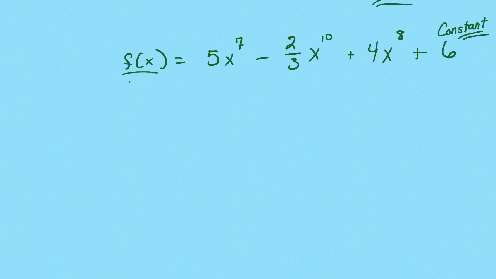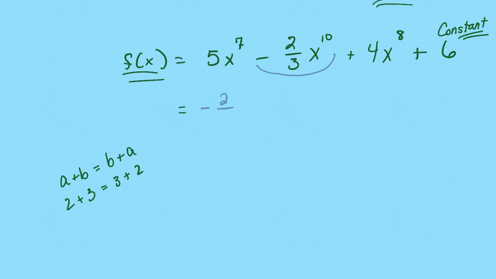Now, this is a function. You don't move stuff left and right. We're just going to use the commutative property of addition, which says if you add two numbers, you can go 2 plus 3, or you can go 3 plus 2. It doesn't matter. And so the same thing applies here. I want the 10th degree term first. So I just slide him over there.